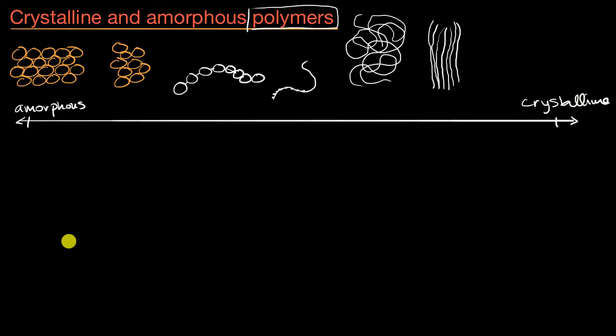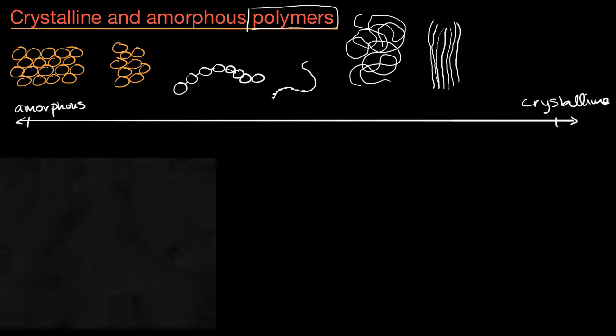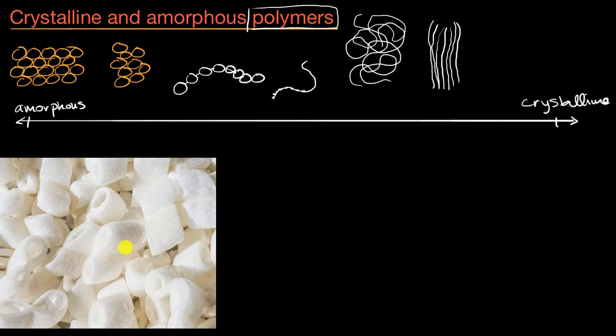If we focus on plastics, for example, polystyrene, which you might be familiar with as foam packaging right over here, this is reasonably amorphous. I'm not going to go into the exact numbers, but let's say we could put it right over here. So this is made up of polymers, repeating units, but they're going to be fairly disordered. And that's what gives it its softness. That's why it's good as a packaging material.